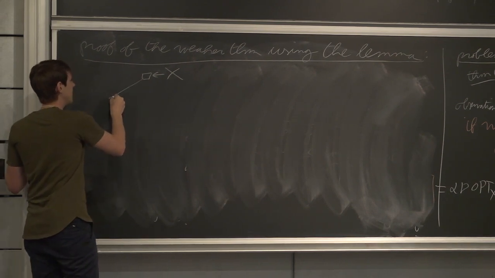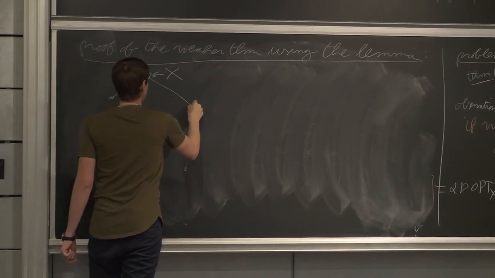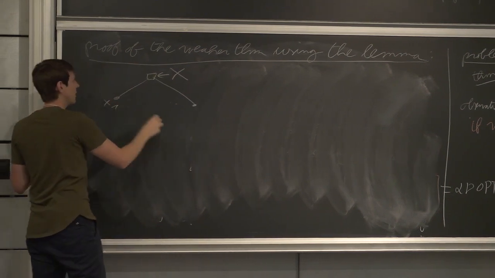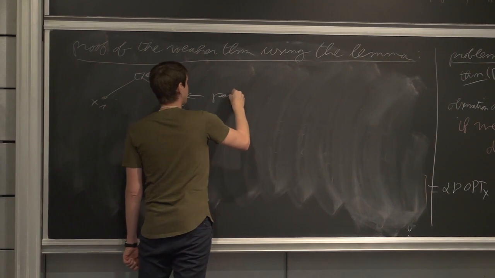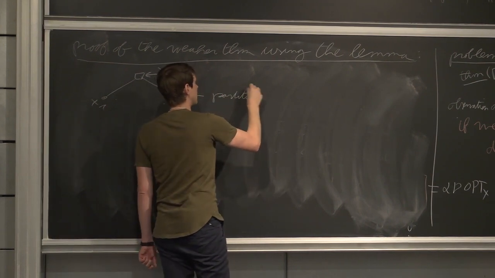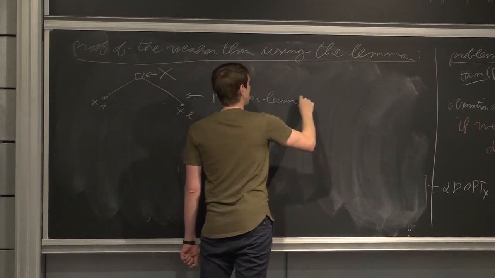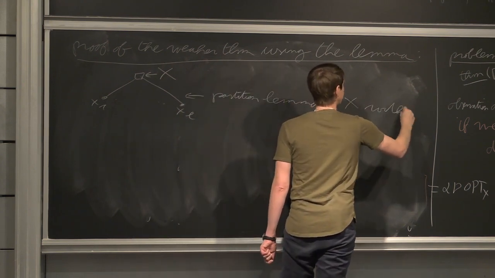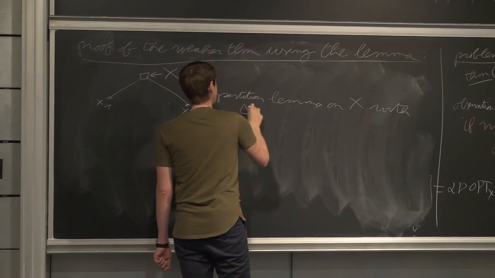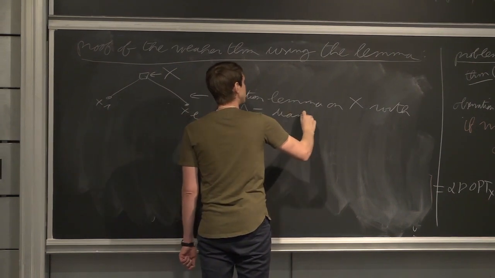So I call this lemma, and I get a partition x1 up to xl. So this is the partition lemma on X with delta equals diameter of X divided by 2.